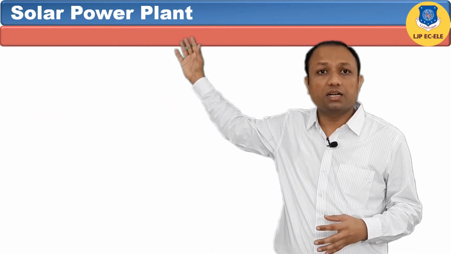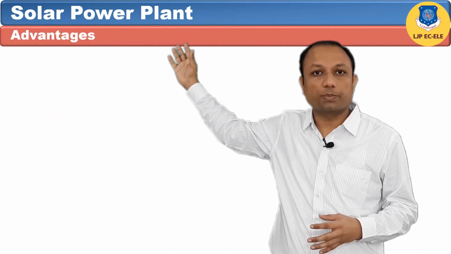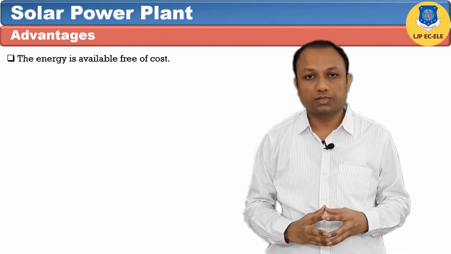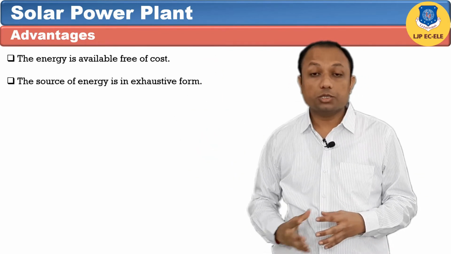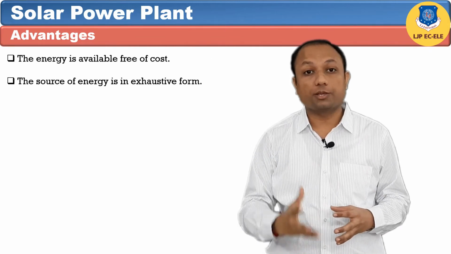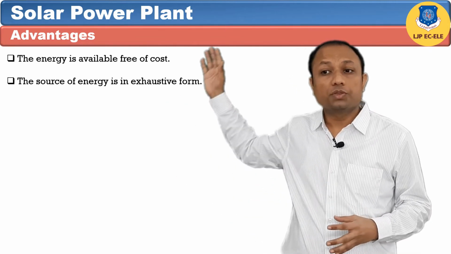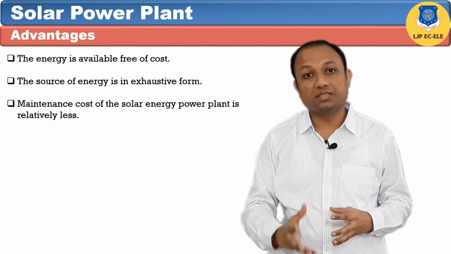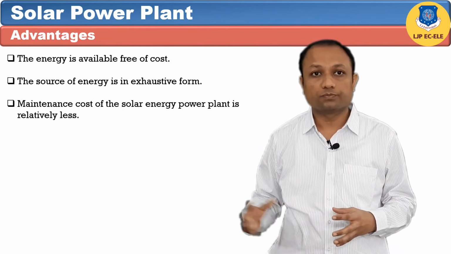Let's discuss the advantages of solar power plant. First one, the energy is available free of cost. Second, the source of energy is inexhaustible. Third one, maintenance cost of solar energy power plant is relatively less.